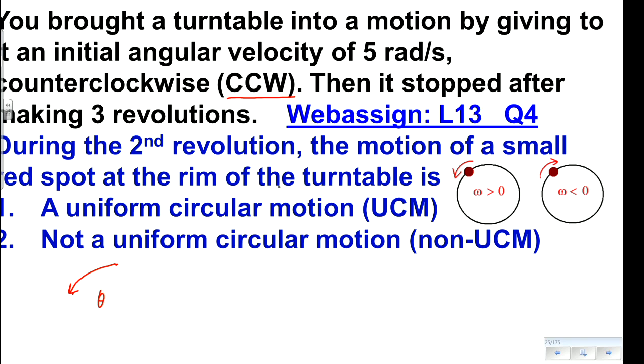We agreed on that. That's it, nothing else. Counterclockwise means positive. What about angular velocity? Positive or negative? Positive angular velocity is equal to this. Theta is positive, omega is positive. Theta is negative, omega is negative. What about angular acceleration? What do you think? Why?